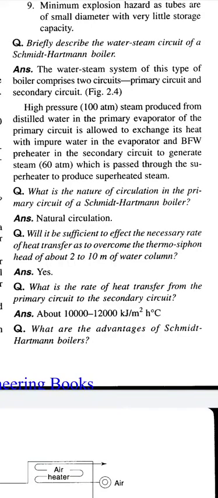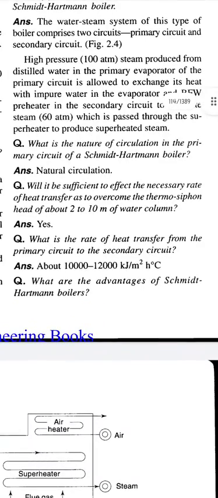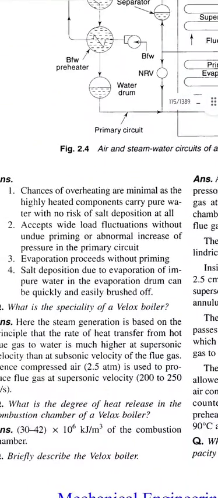Answer is yes. Question: what is the rate of heat transfer from the primary circuit to the secondary circuit? About 10,000 to 12,000 kilojoule per meter squared per hour per degree Celsius.